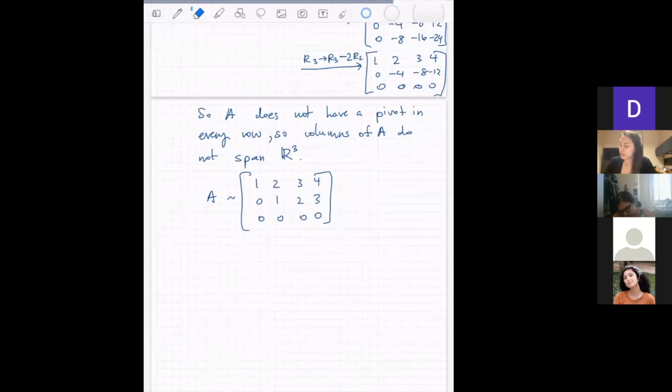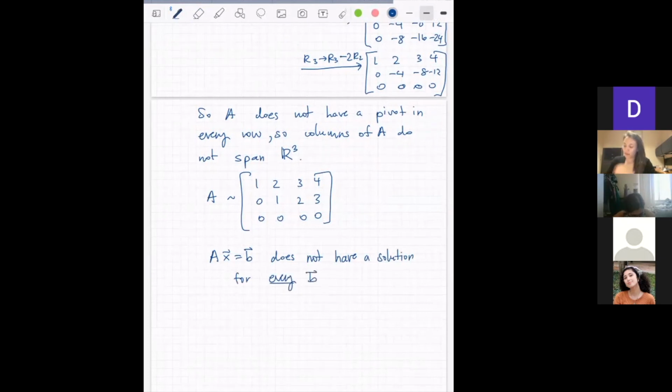So just to write this out, this means that this equation does not have a solution for every B, right?